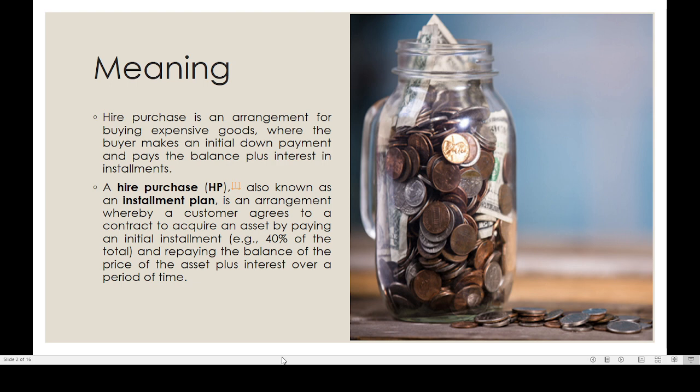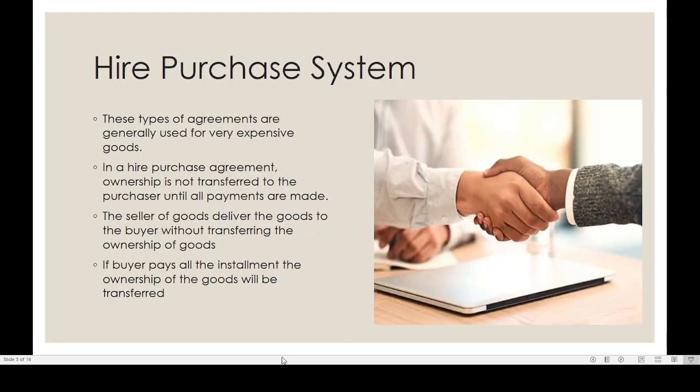In case you are buying a product and its cost is too high, and you do not have so much amount to make the payment, whatever amount you have in your hand, you can pay as an initial payment, that is called a down payment, and the remaining amount you can pay every month in the form of installments. So this is called hire purchase.